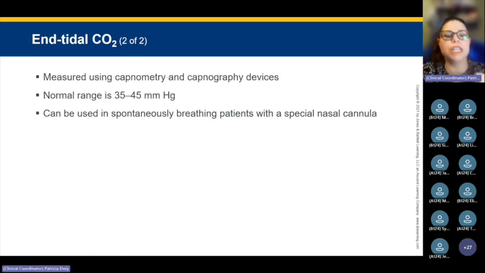And this is measured using capnometry and capnography devices. So those two are going to go hand in hand, and 35 to 45 millimeters of mercury is your normal. It can be used on spontaneously breathing patients with a special nasal cannula. And the other part of the nasal cannula will screw into whatever monitoring device you have.